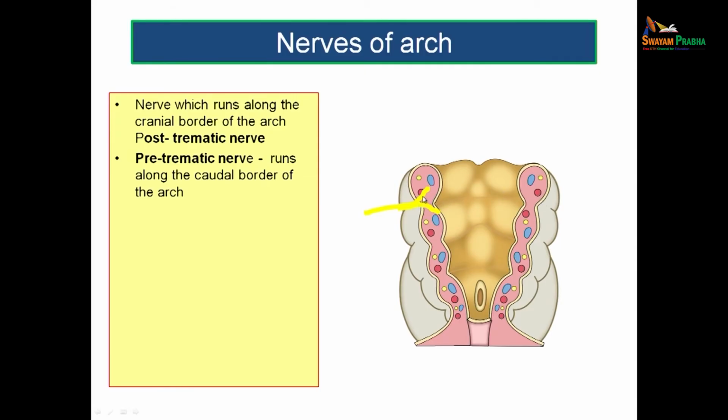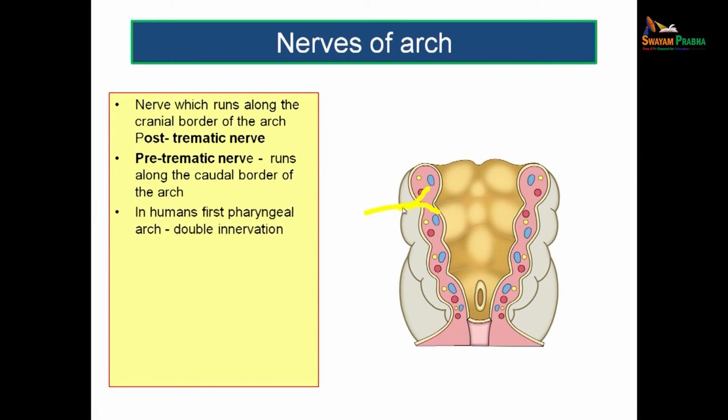So if you take this second arch, this is the cranial border. The nerve which runs along the cranial border of the arch is known as the post-trematic nerve, and the nerve which runs along the caudal border, so if you take the first arch, this is the caudal border, is known as the pre-trematic nerve.